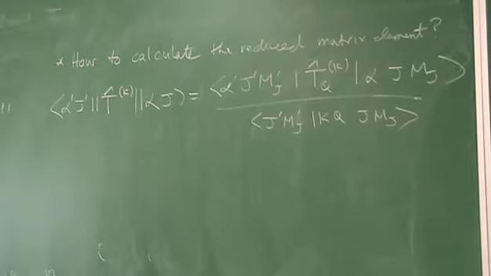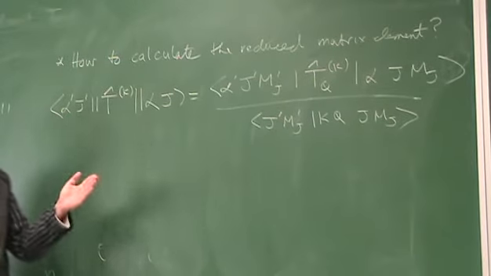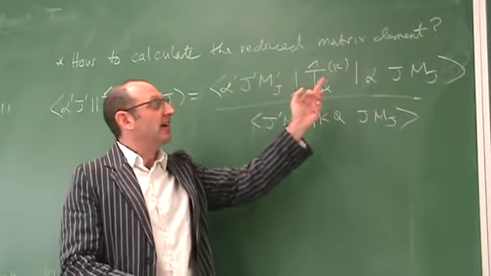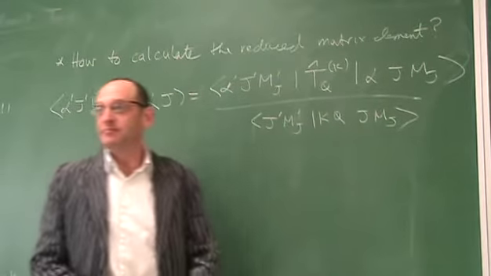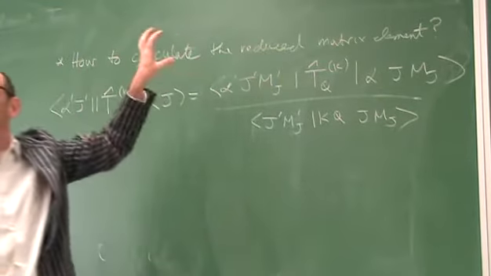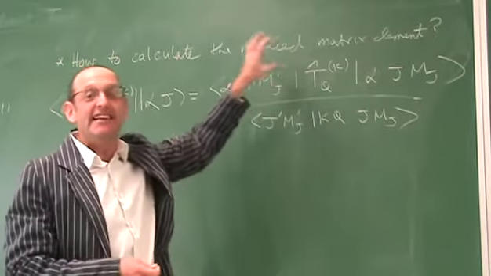So what this means is that I can calculate this once for some convenient choice of m prime, m, and q. I actually have to calculate the full matrix element for some particular choice, and I do that for some choice that's as easy as possible.